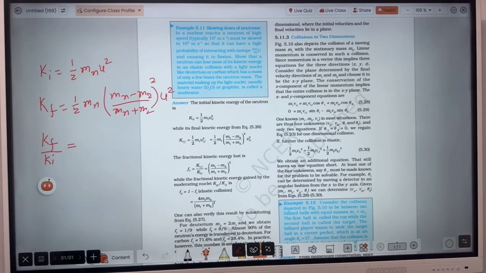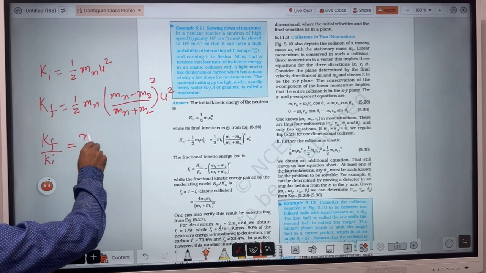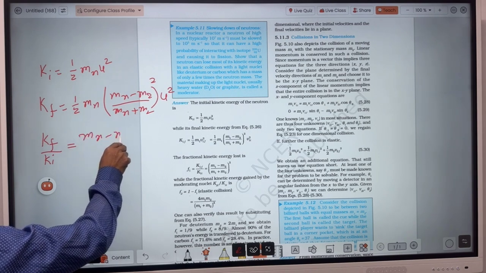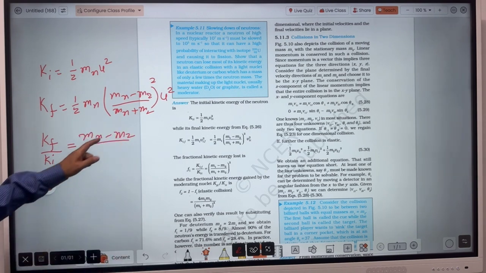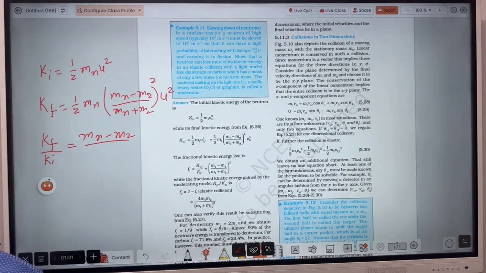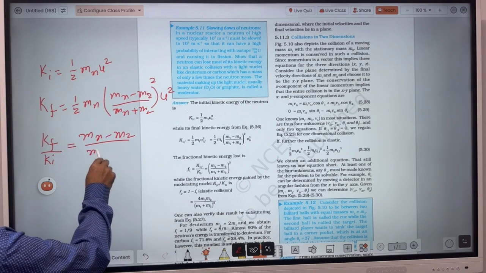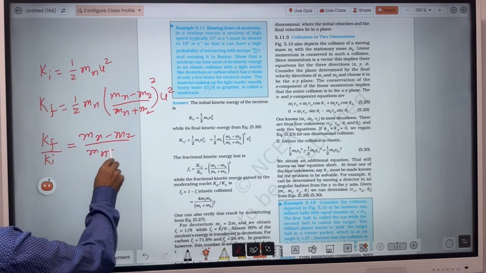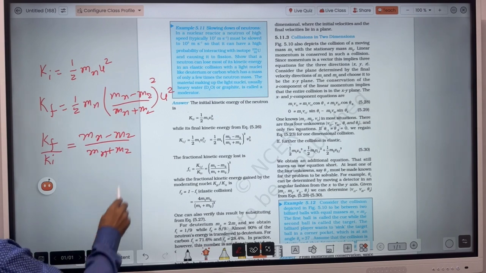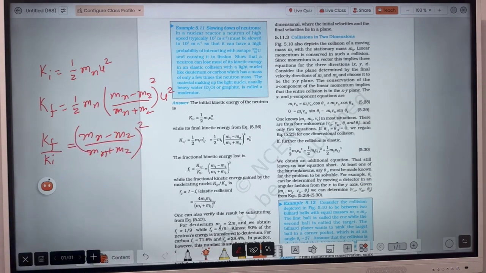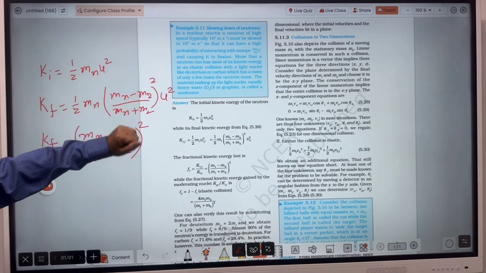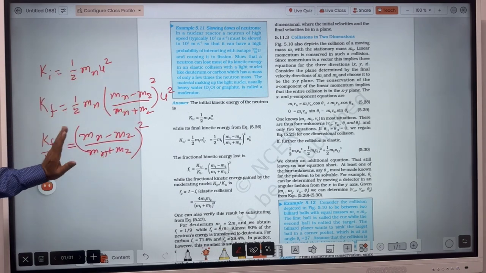We will get (mn minus m2), where m2 is any nucleus acting as a moderator, and this is m1, over (mn plus m2), and the whole square. Because u square will cancel out, mn will cancel out, half will cancel out, so we have got this ratio.